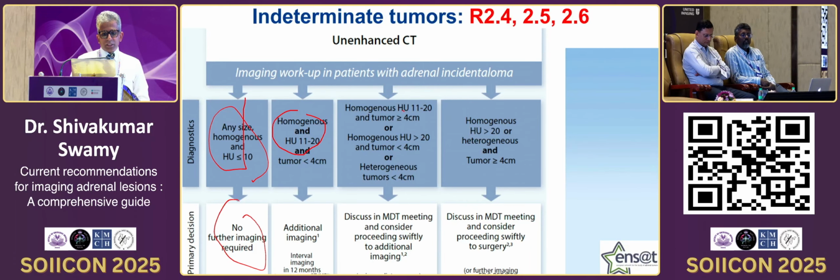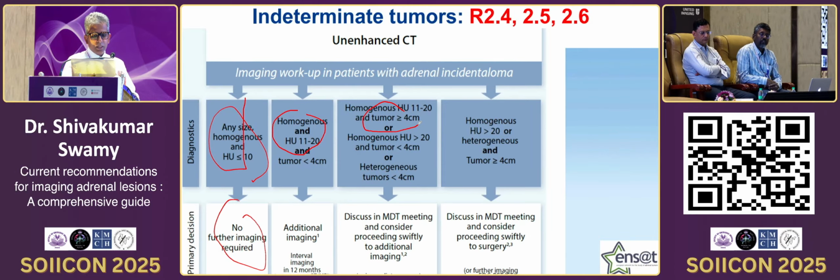If the tumor size is over 4 centimeters but still homogeneous, or homogeneous where the HU value is more than 20, or the tumor is heterogeneous but less than 4 centimeters, what do you do? It has to be discussed in the MDT, and proceed for additional imaging is what has been recommended.